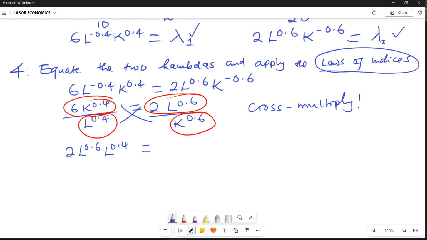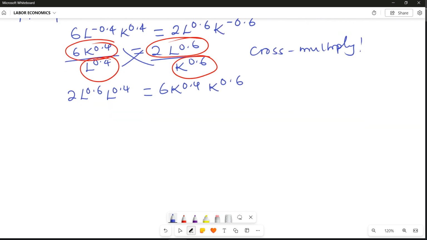Okay, so that will be 6 capital K to the power 0.4 multiplied by capital L to the power 0.6. This is just cross multiplication. Now look at this. On the left hand side we have labor multiplying with labor.